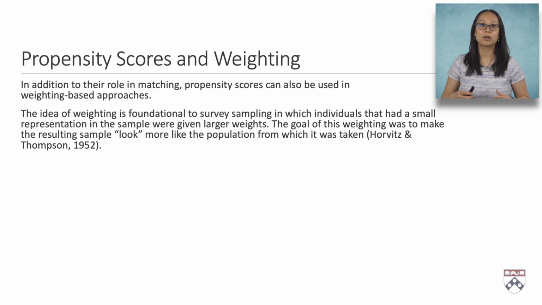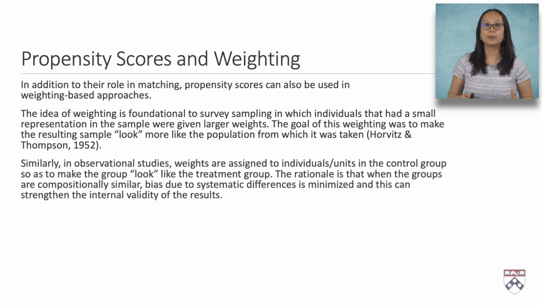Let's say that there are a larger proportion of male participants compared to female participants, or there's a larger proportion of participants in a certain age range compared to participants in a different age range. So in this case, one simple post-hoc way of addressing this imbalance is to give a larger weight to the individuals that we collected a small sample of, so that we can essentially balance the differences in proportion and try to make the resulting sample look more like the population that we thought it was being sourced from.